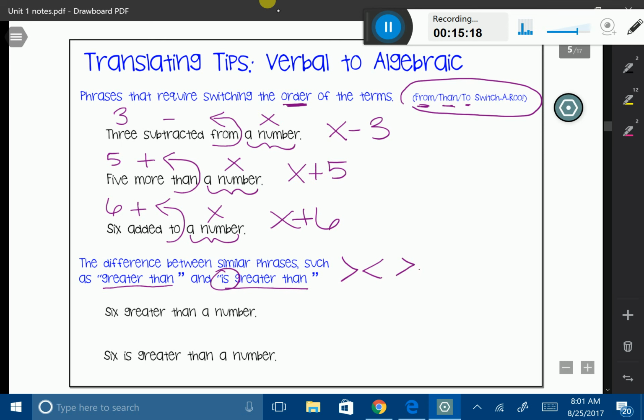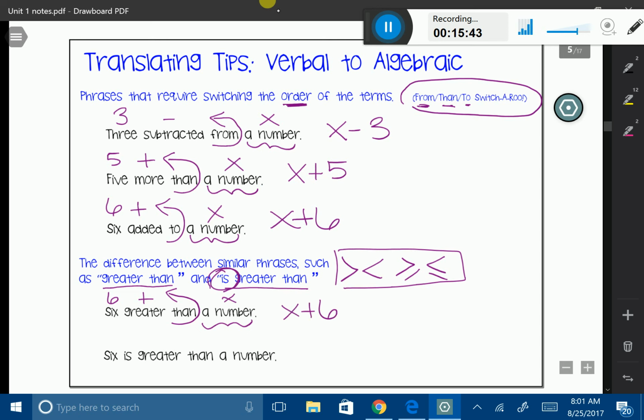We'll spend a lot more time studying inequalities when we get to Unit 6. But for right now, I just want you to know that when you translate, if it has the word "is," you're going to use one of those symbols. So 6 greater than a number. You'll notice there's no "is," so we translate it just like we normally would. We have a little switcheroo word in there, so I'm going to say x plus 6.